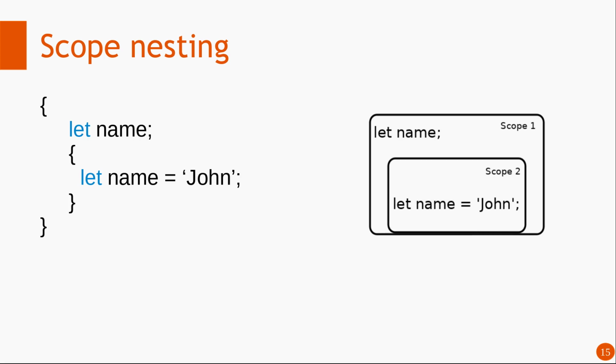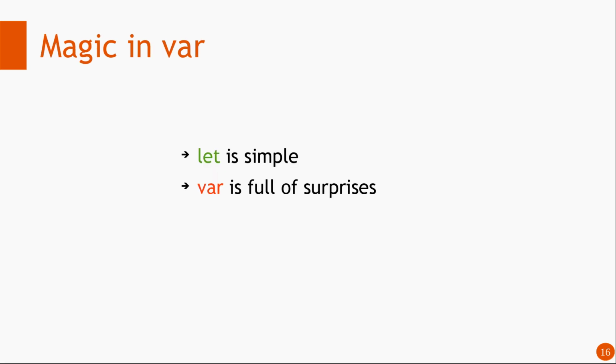For let scope, the variable will be renamed in different scopes, so the compiler will treat them as different variables. The let keyword is easier to understand because it's simple lexical scoping, just like the C programming language. As we said, the var keyword is more complex than the let keyword. The latter is just a simple lexical scoping, but there are many surprises when you are using the var keyword.